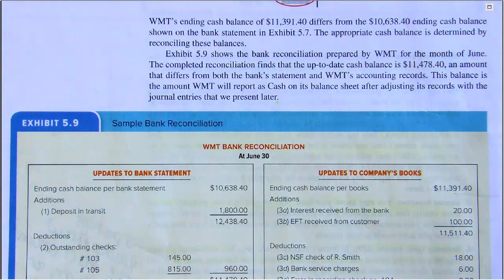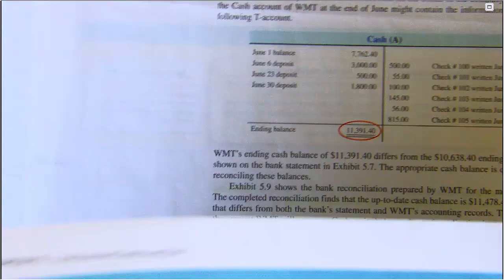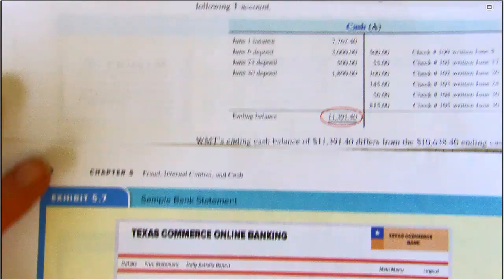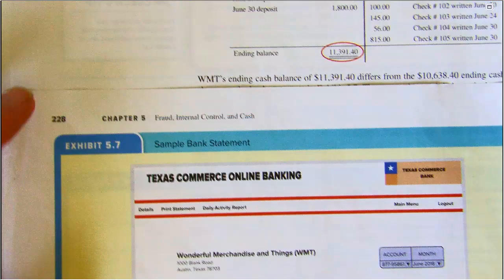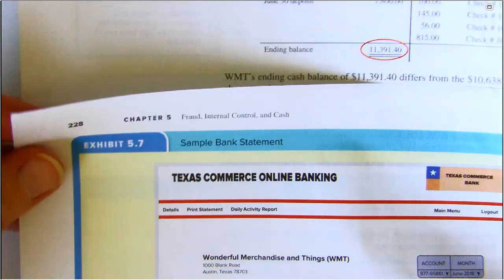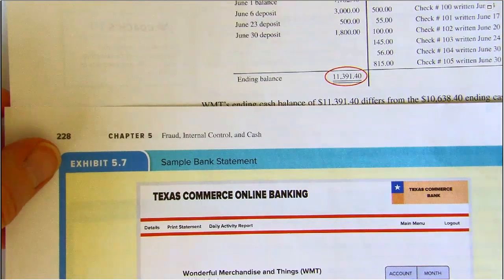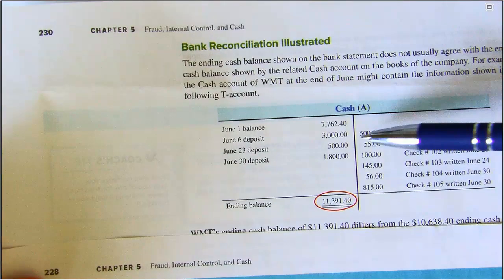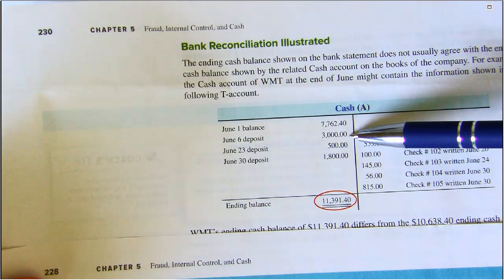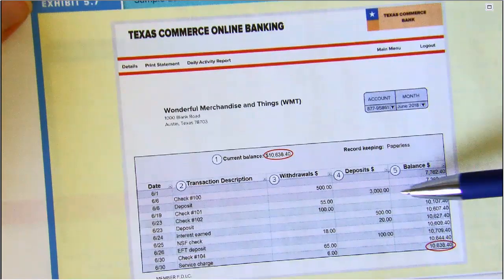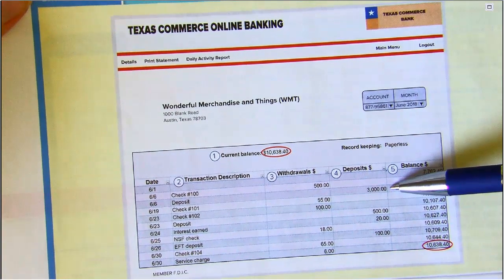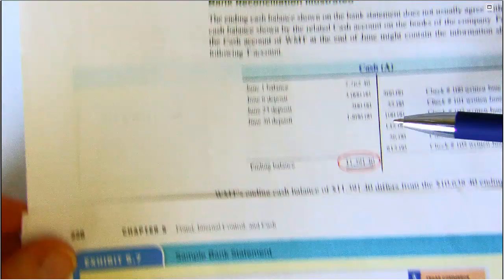So we will start with our T account, and we will compare all the deposits and then all the checks to make sure that they match. So our T account says we made a deposit on June 6th for $3,000, and there it is on the bank statement.